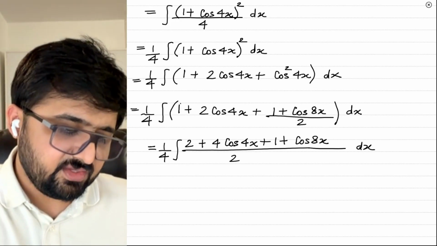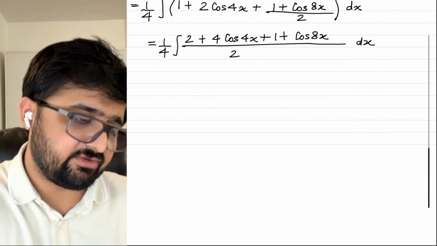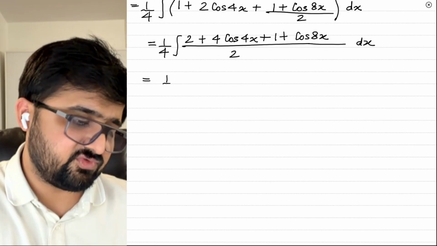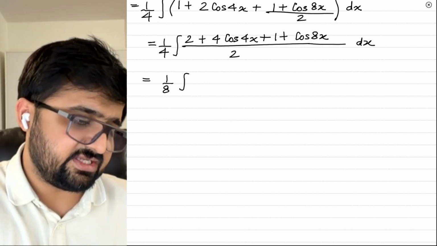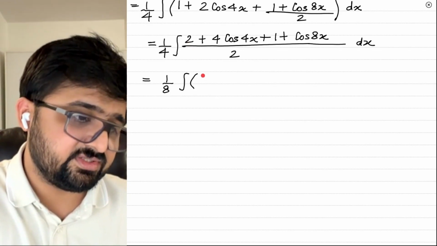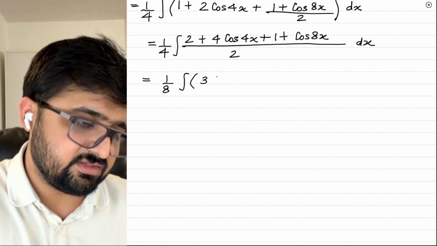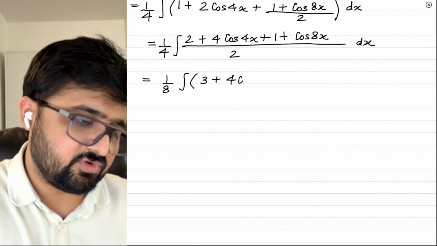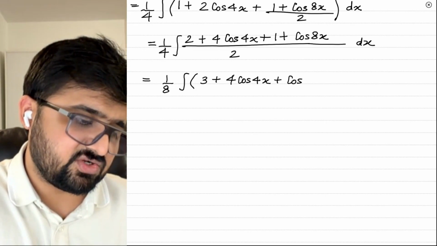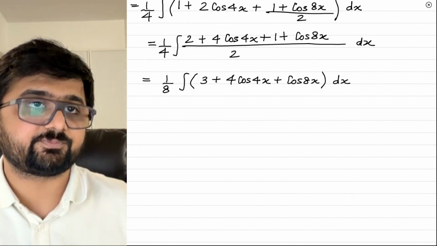Now that 2 and 4 can become 8 outside of integration, because 2 is constant and can be taken out of integration. So 1 over 8 integration of. Now finally you are left with 2 plus 1, which is 3, plus 4 cos 4x plus cos 8x with respect to x.